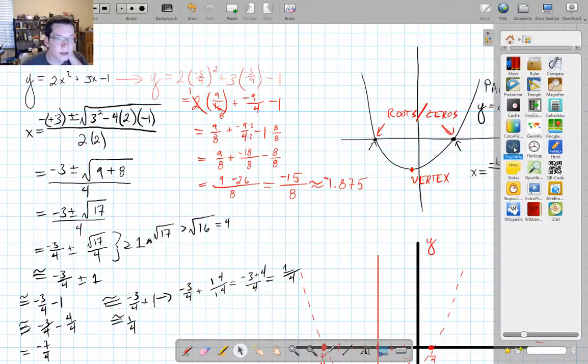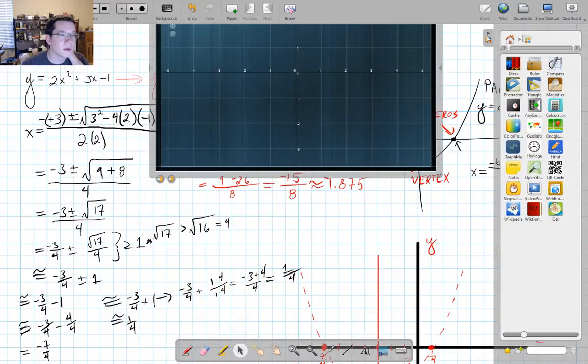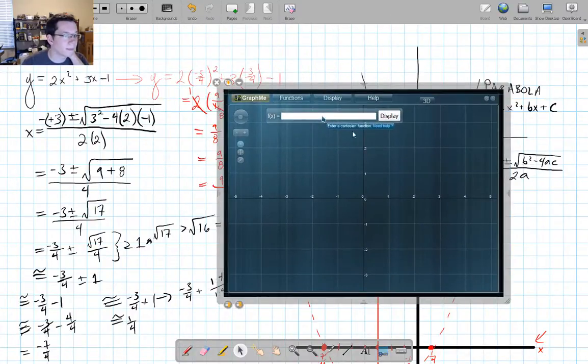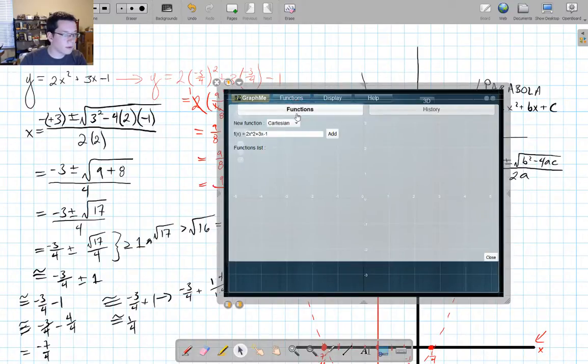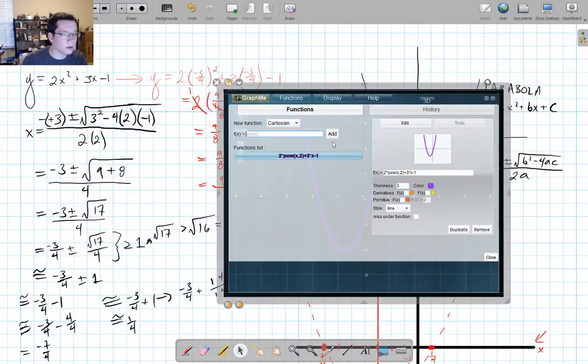Oh, graph me. That'll work. 2x squared plus 3x minus 1. And it's not working because it needs 2 times x. There we go.